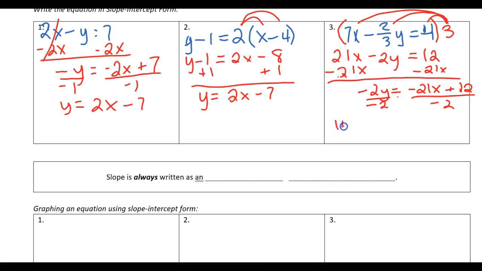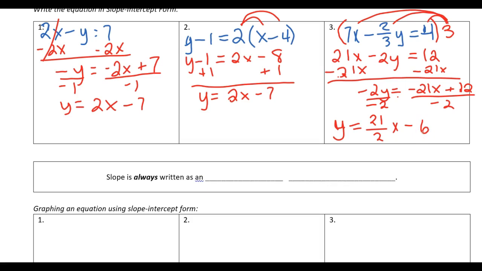And my equation is y equals, now this -21 over -2 is a positive 21 over 2x, since that does not simplify any further, and 2 does not go into 21 evenly. And then 12 over -2 gives me a -6.